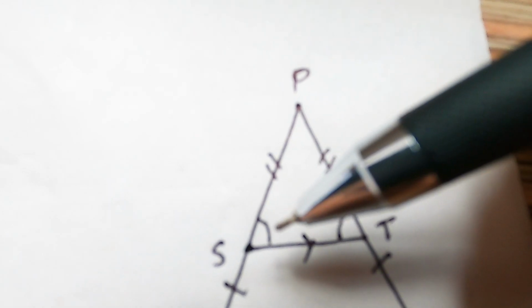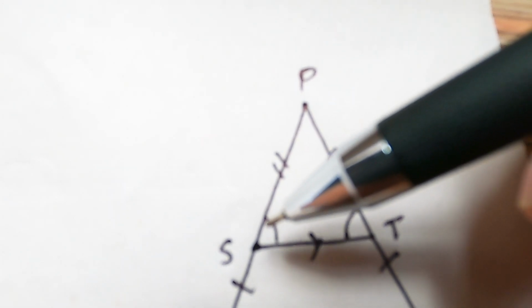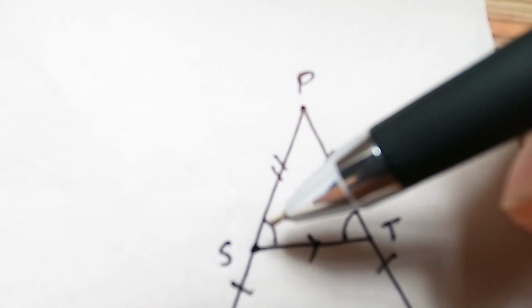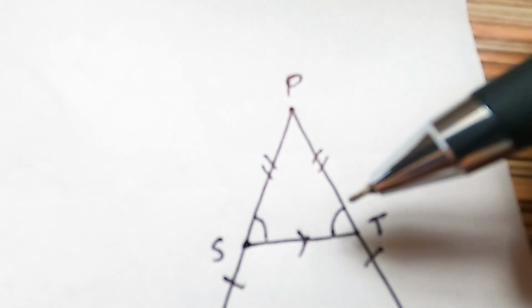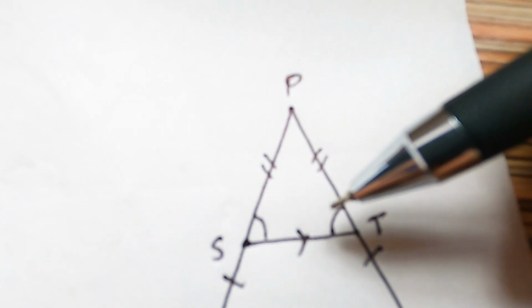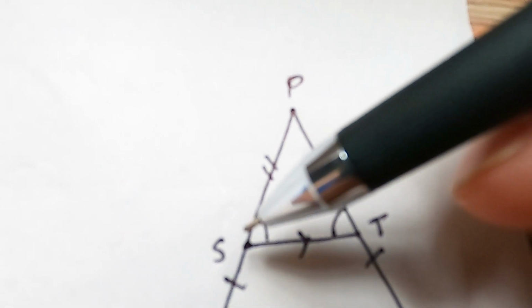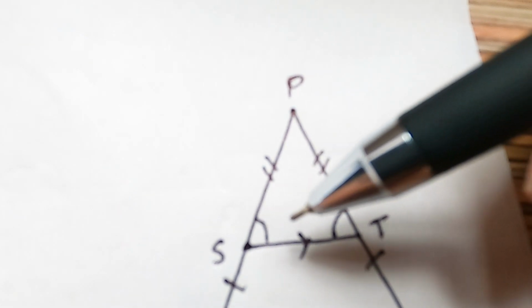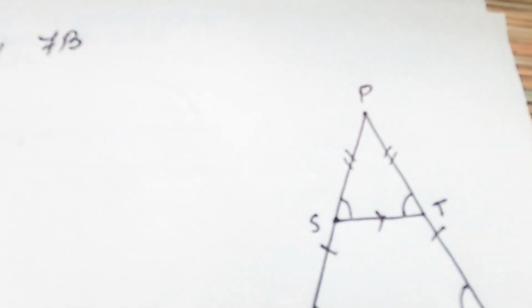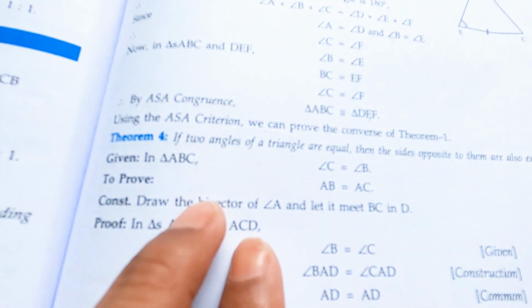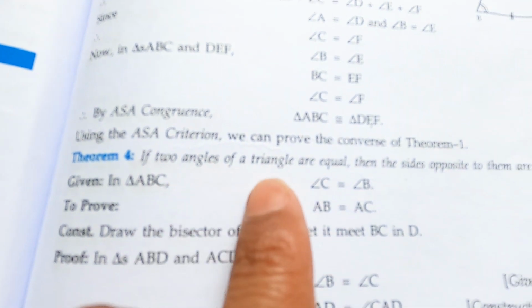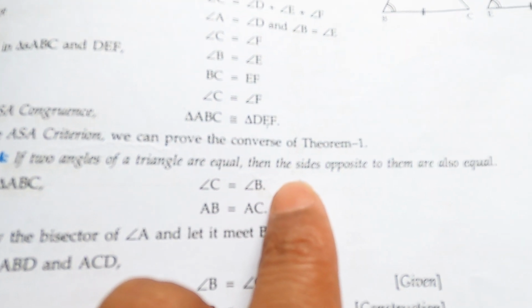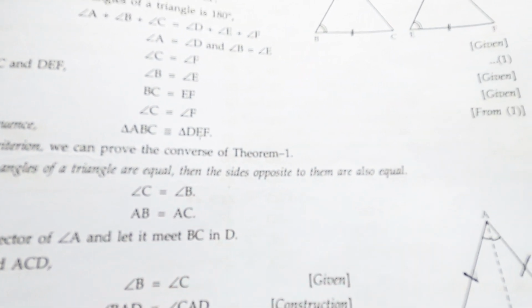So now we know that angle S is equal to angle T. Now since the two angles are equal, then from this theorem, if two angles of a triangle are equal, then the sides opposite to them are equal.